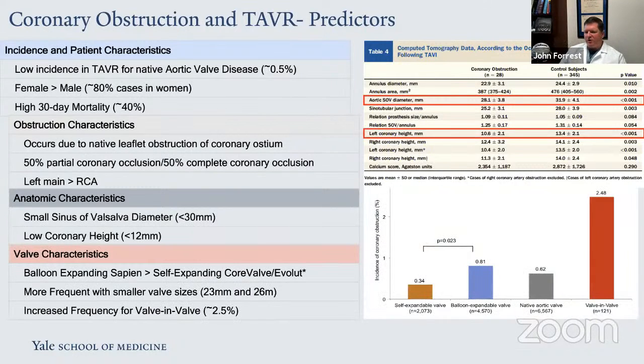Looking at valve characteristics, it tends to occur more with balloon-expandable Sapien valves than with CoreValves. It occurs more frequently with smaller valve sizes, and certainly a significant, about 5-fold higher increase when doing a valve-in-valve procedure.